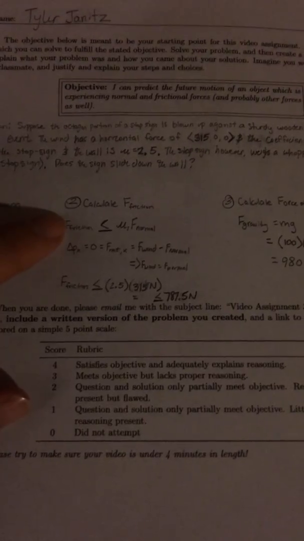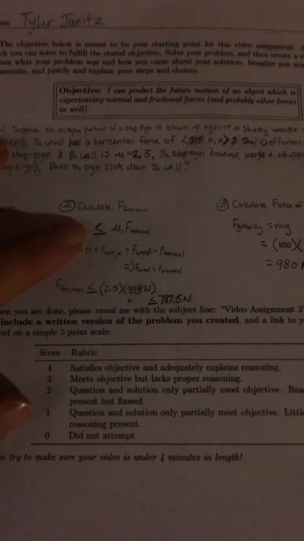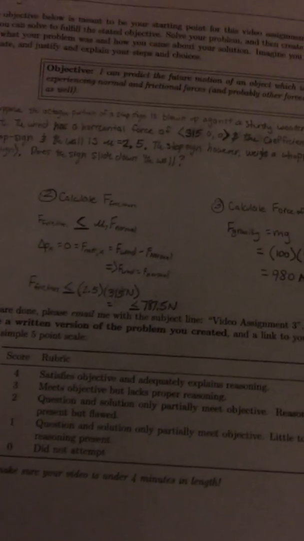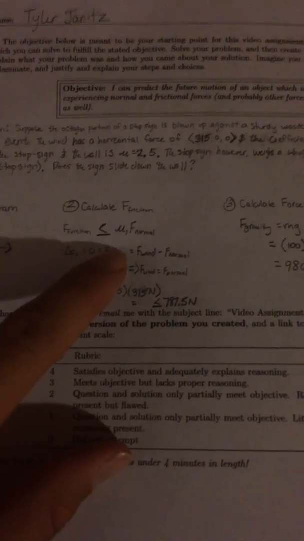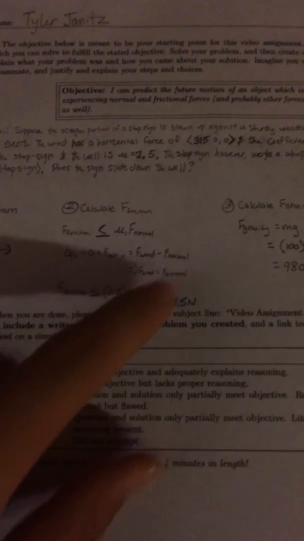So the first step here is to calculate the force of friction, and the force of friction is less than or equal to the coefficient of static friction times the normal force. And as we know, since the stop sign is not moving in the x direction, the net force in the x direction equals the F of wind minus the normal force.